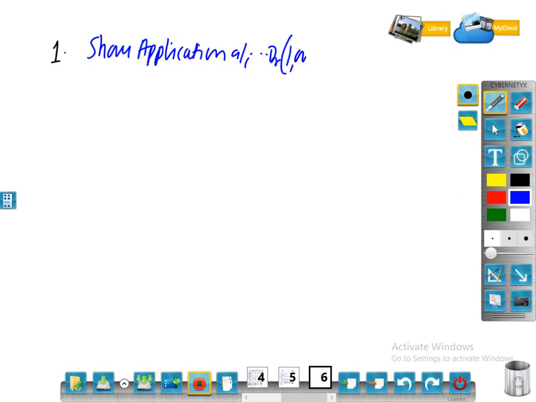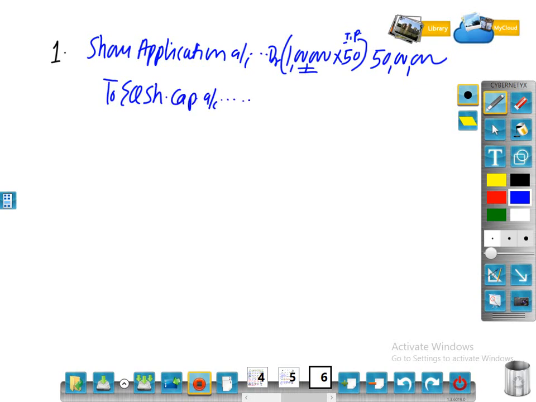1 lakh shares multiplied by 50, that is 50 lakh. This 1 lakh is the total issue, and 50 is nothing but the issue price. To equity share capital account: how many equity shares? 1 lakh, and capital is 10 rupees, not 50 rupees, so 10 lakh.